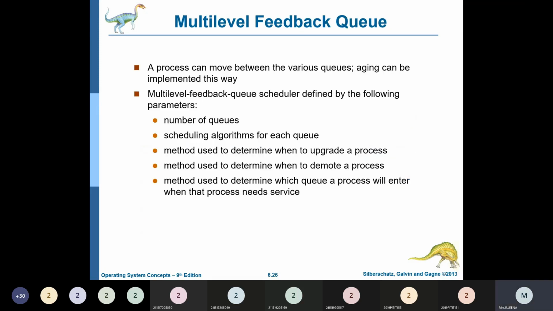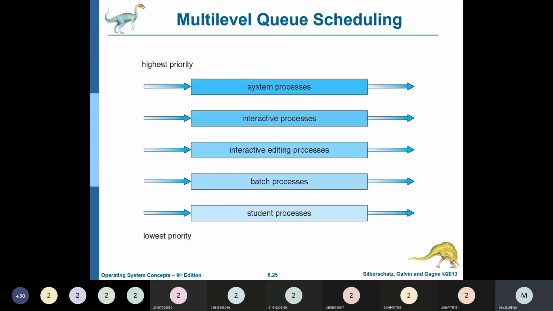But in multi-level feedback, it can move between queues. If the quantum time is elapsed, then it can move to the next queue, which contains a particular quantum time and it has to satisfy it.